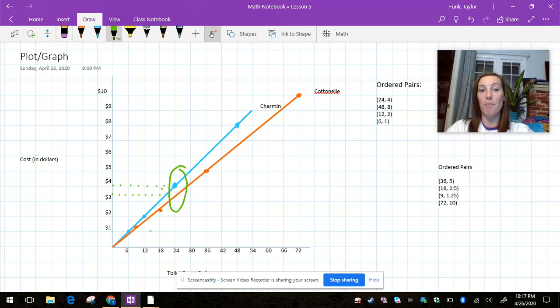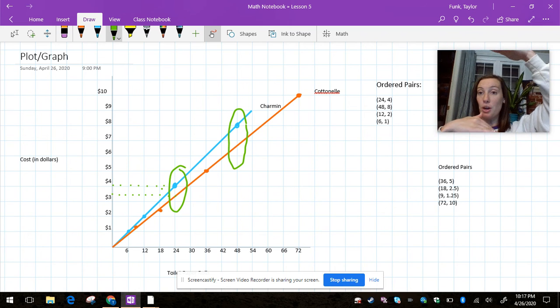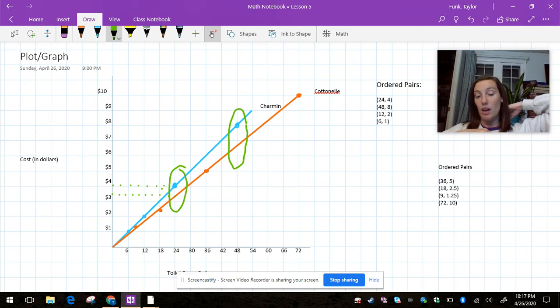I can get more rolls of toilet paper for less money, or you can say for the same number of rolls of toilet paper, I can spend less money. We can also look at the longer you go, and this is true with all rates, the further apart they're going to be. They're not going to curve, they're going to stay in a straight line. So the farther out they go, the bigger the gap's going to be.